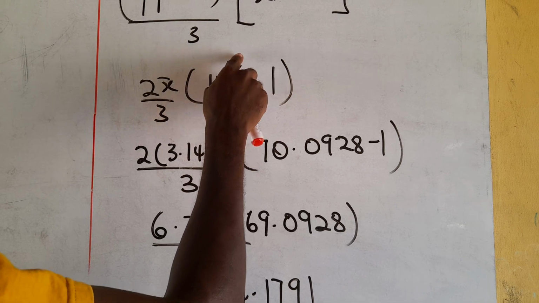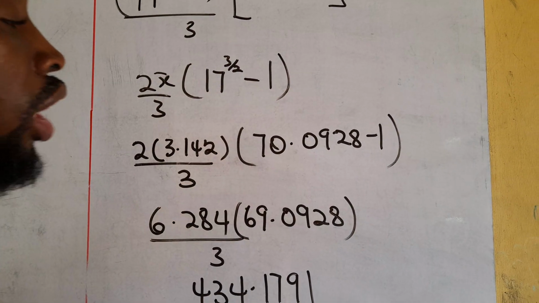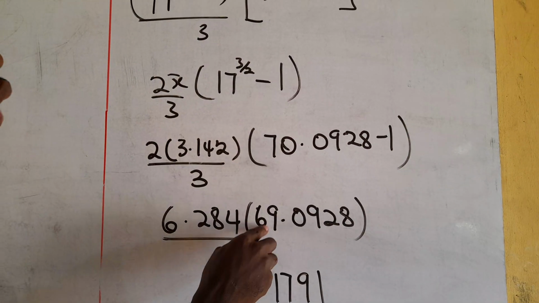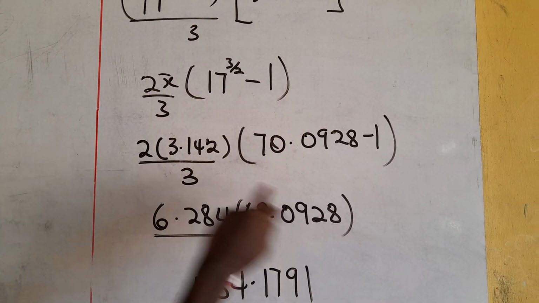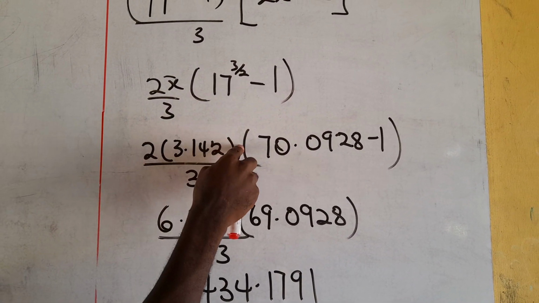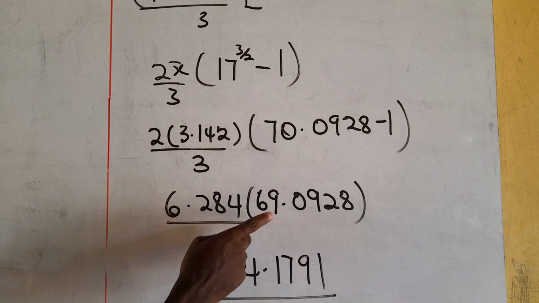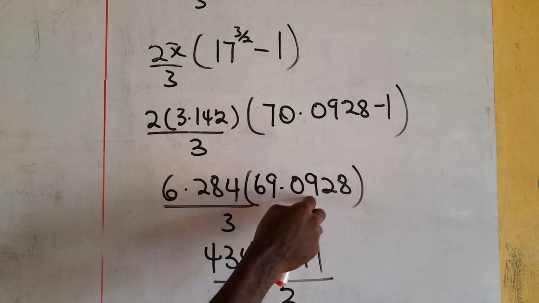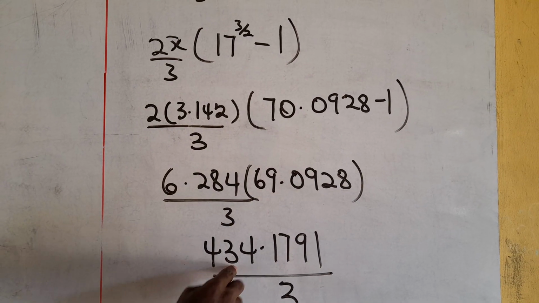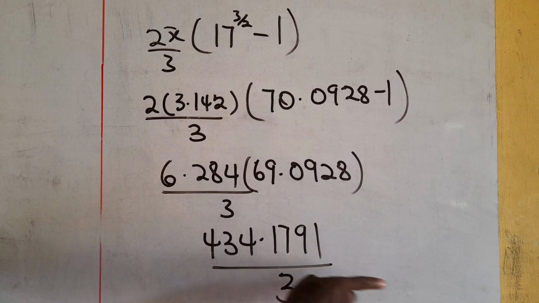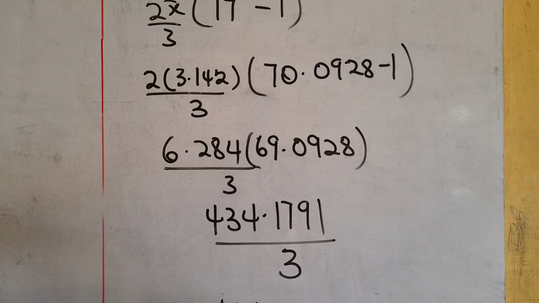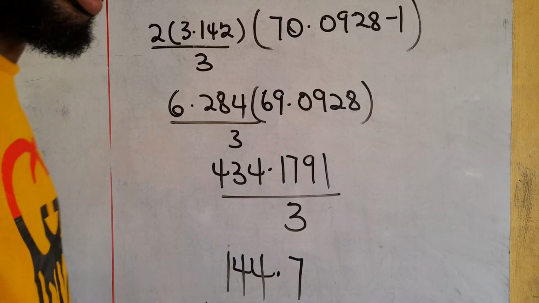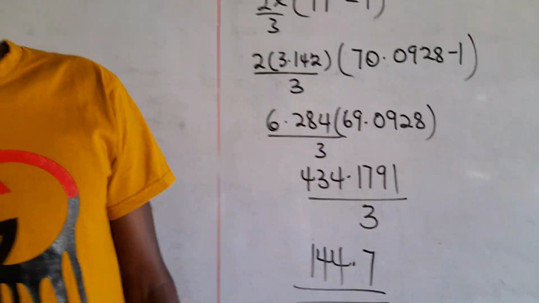Then 17 exponent 3 over 2 will be 70.0928, minus our 1. When we subtract 1 from that, we get 69.0928. When 2 multiplies 3.142, we get 6.284. When 6.284 multiplies 69.0928, we get 434.1791, divided by 3. When we divide that by 3, we get 144.7, our surface area.